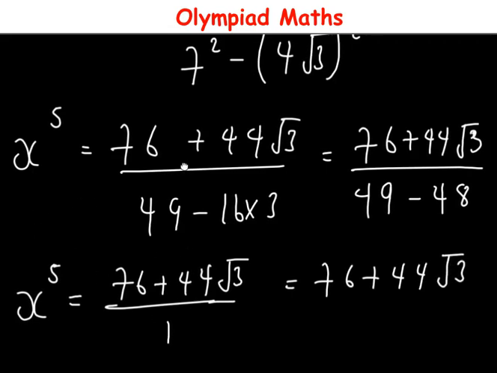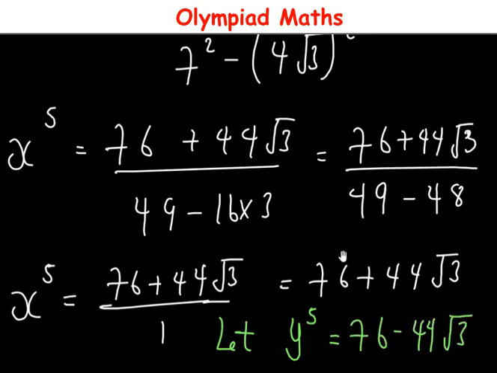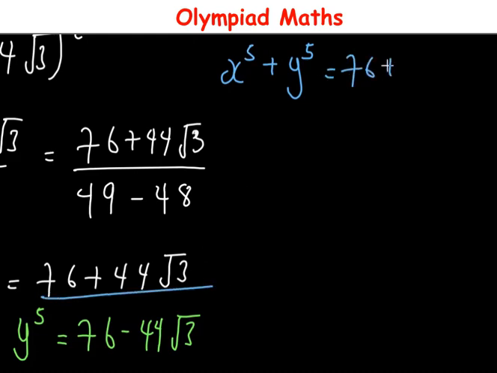Okay, so with this, let us suppose y raised to power 5 equals 76 minus 44 root 3. With this, we are going to add x raised to power 5 plus y raised to power 5 together. So now x to the power of 5 is 76 plus 44 root 3.